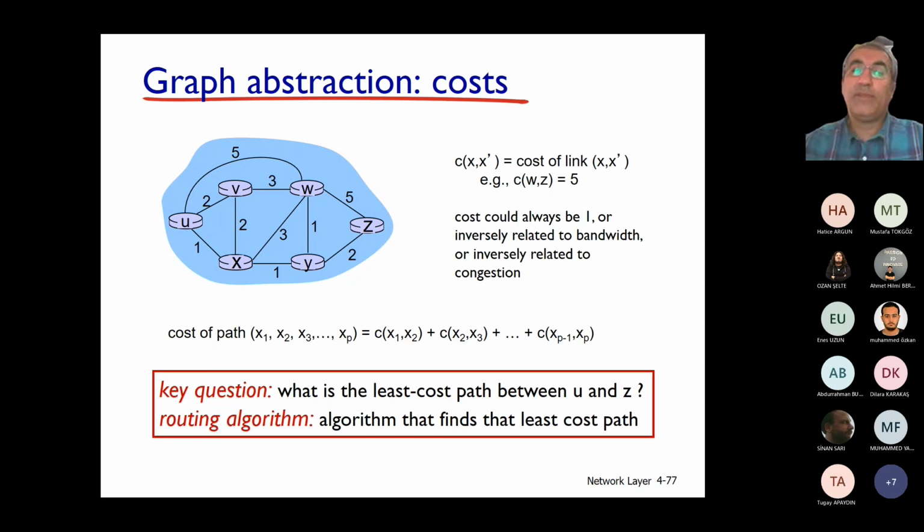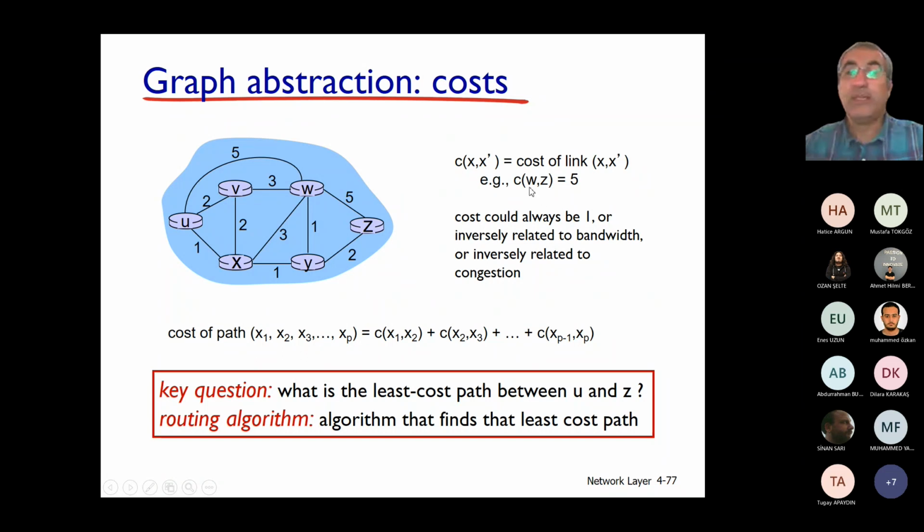So in this graph theory, we have a cost function, which we denote by c(x, x'). So x is one of the nodes, x' is another node. So we are trying to calculate the cost of the link between x and x', and we represent it with c(x, x').